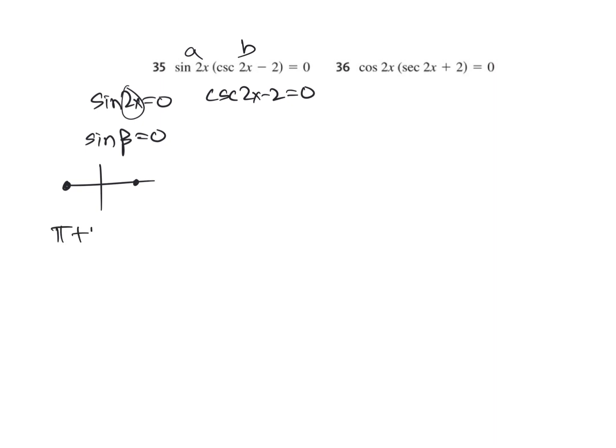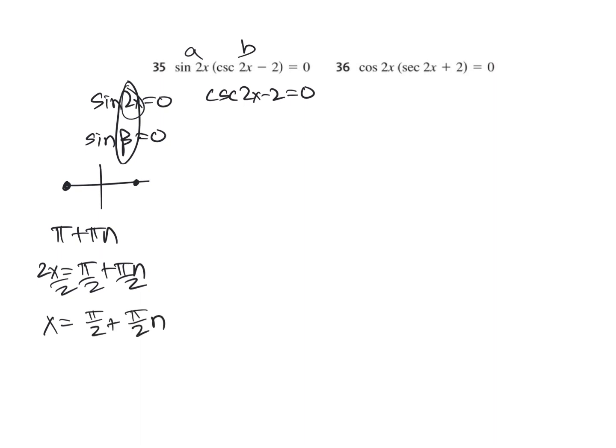So pi n would be part of your answer, except beta, remember, is 2x. So 2x equals pi plus pi n. Divide off the 2, and you get x equals pi over 2 plus pi over 2n. All right, so it's going every 90, so you just do basically pi over 2.